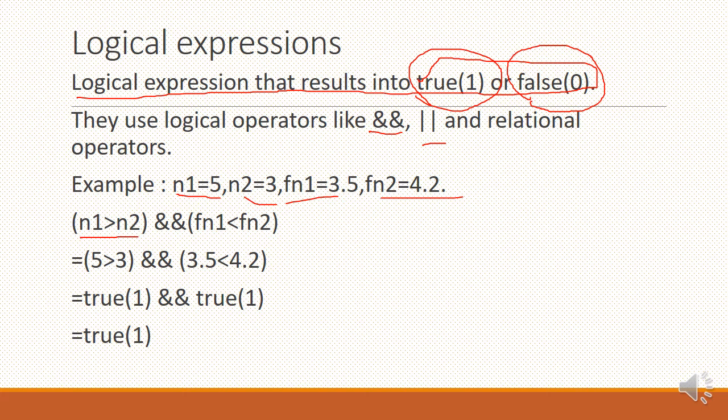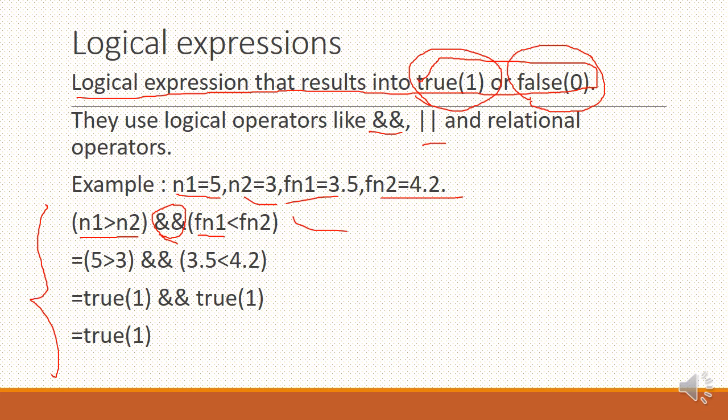Let us write the logical expression: n1 is greater than n2, and you should know the meaning of this and. This is logical and. Then only you are able to understand this one. Then fn1 is less than fn2. This is one logical expression.